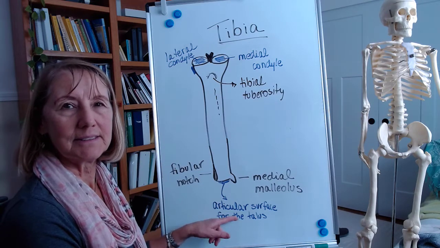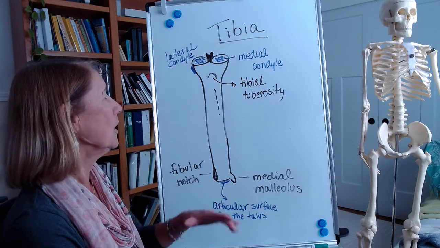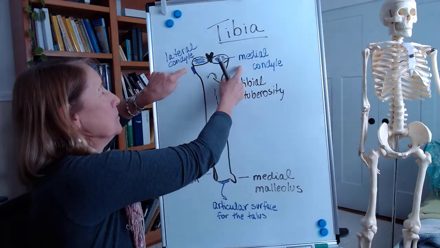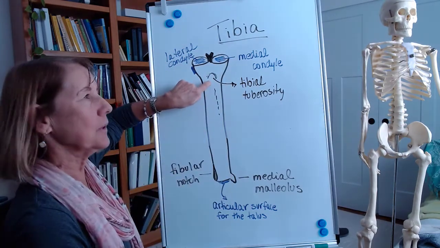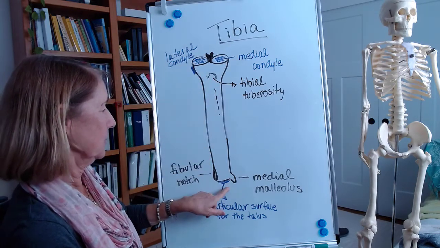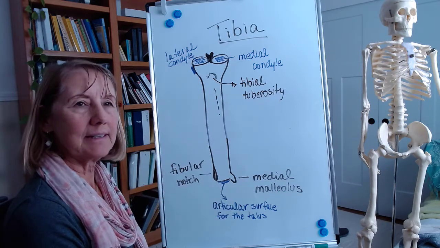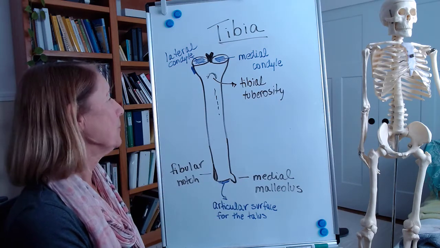And the talus is on the foot, right? So I think we've gone over all of them. So we have the condyles, medial and lateral, tibial tuberosity, and we're coming down, articular surface, fibular notch, medial malleolus. The lateral malleolus is going to be on another bone.